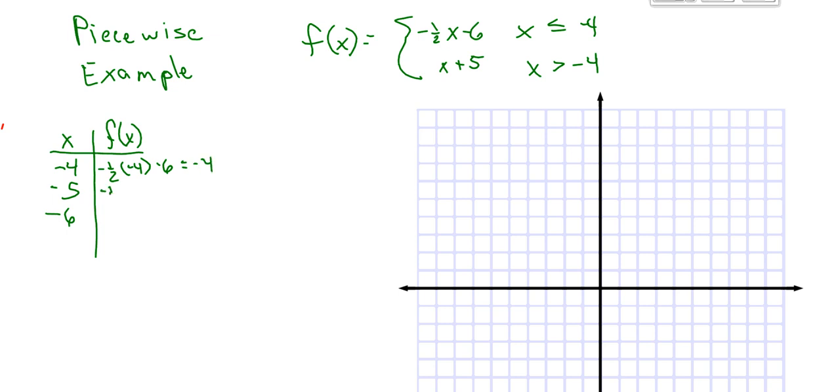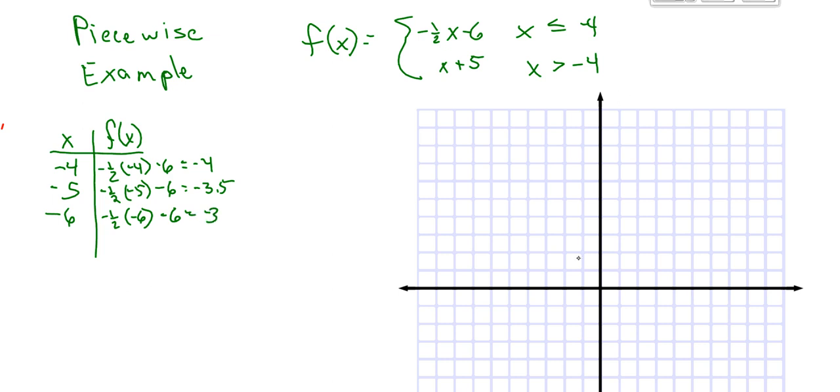And then negative a half, same rule because I'm less than negative 4, times negative 5 minus 6, and then that is 2.5 minus 6, so negative 3.5. And then negative a half times negative 6 minus 6, that'll be 3 minus 6, which is negative 3.